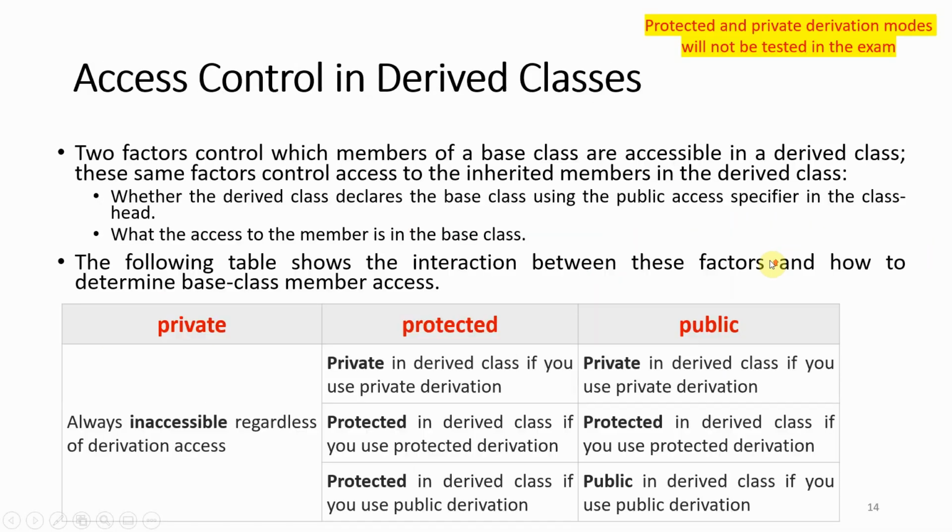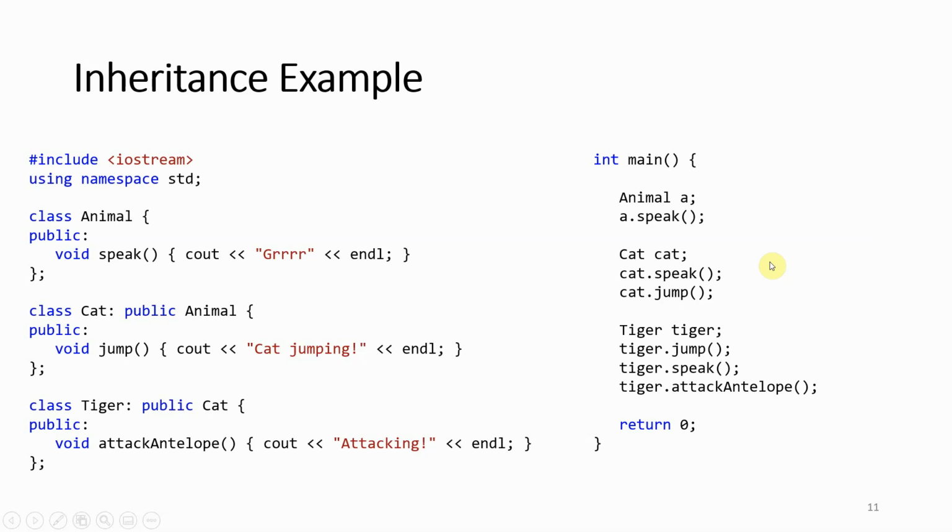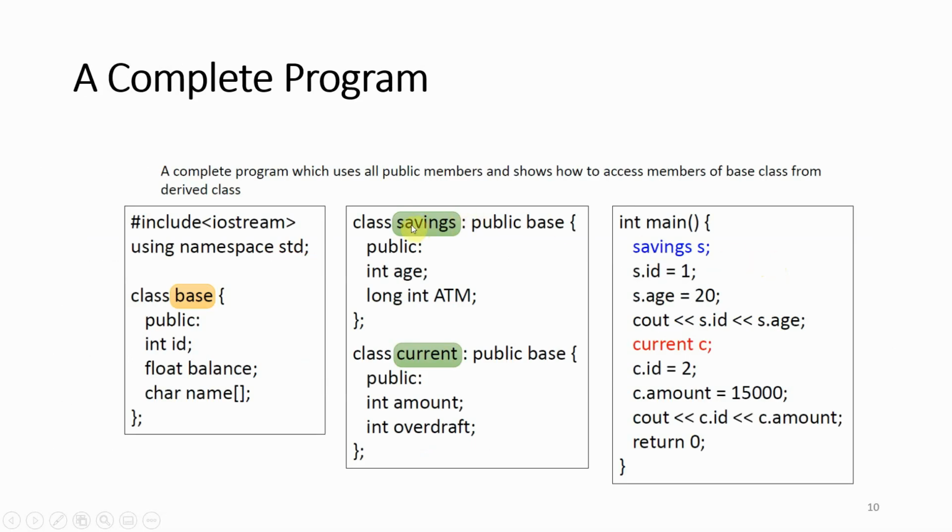I made a mistake here, so I should clarify this. If this was private, this would have given us an error because this is not a member function of this class. So we don't have access to it here. Okay, so I should clarify this.